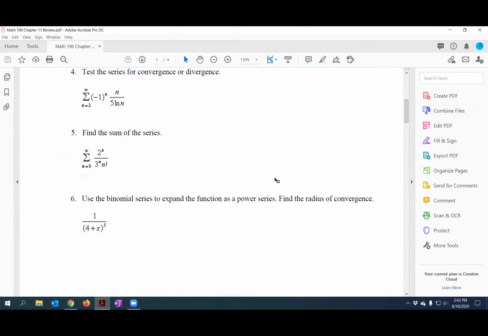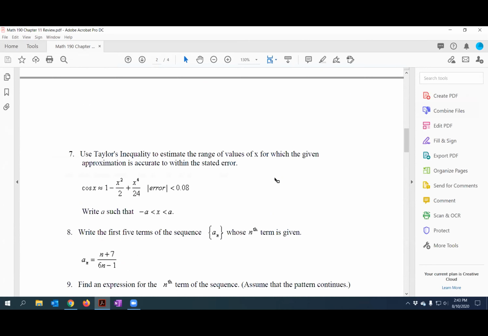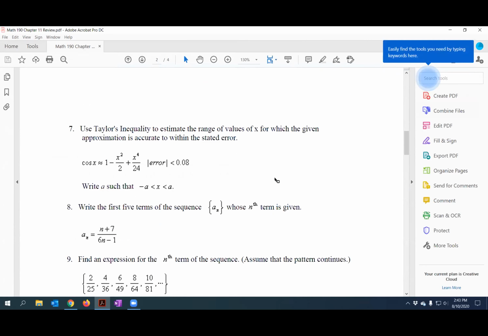So what does 7 say? Use Taylor's inequality to estimate the range of values of x for which the given approximation is accurate to within the stated error. So what range of x, right? Yeah, perfect. That's exactly what we're trying to do here.